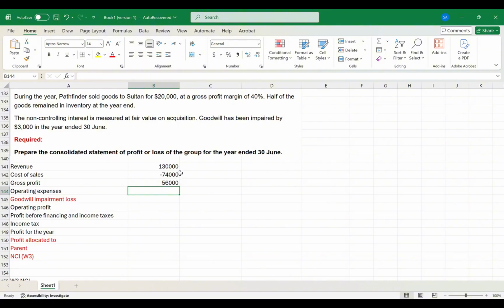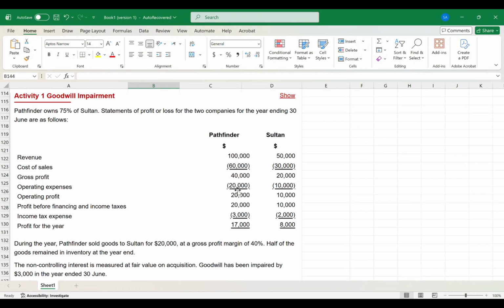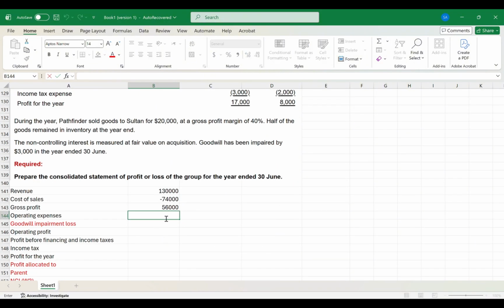And then we have operating expenses, which is 20 and 10, so minus 30,000. And then we have goodwill impairment already given as 3,000. And operating profit is the sum function. It's 23.